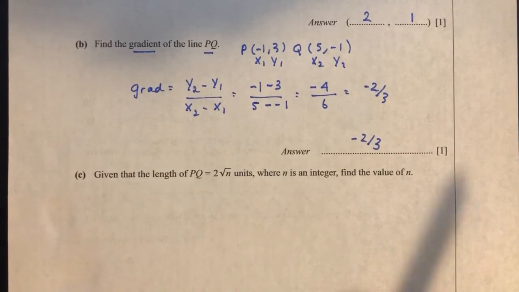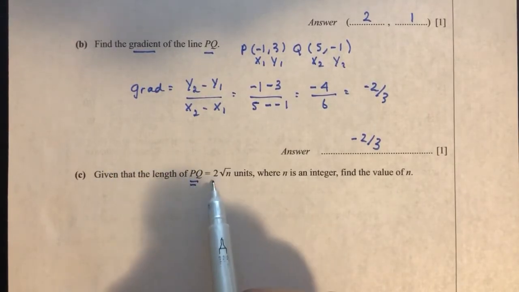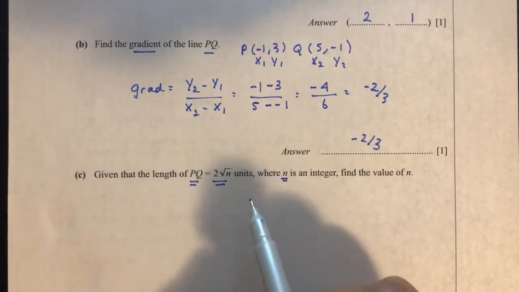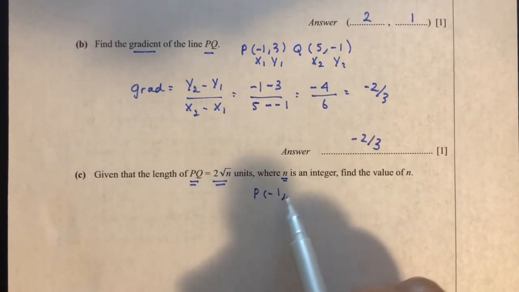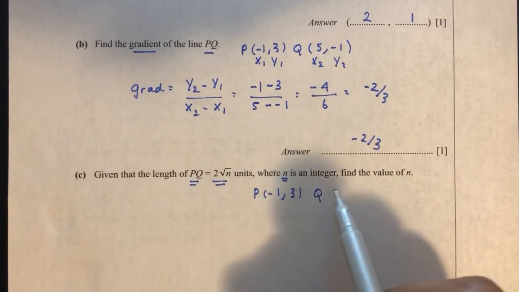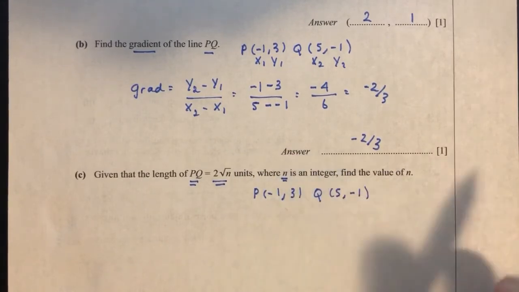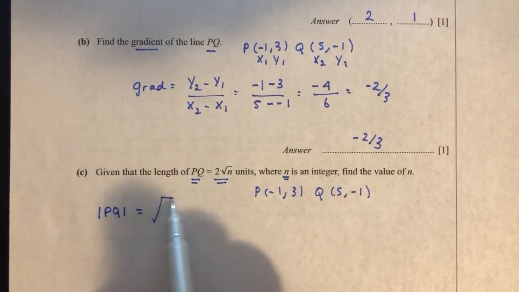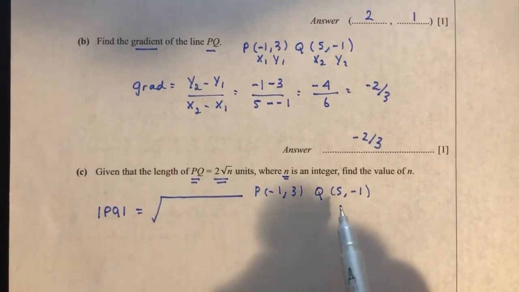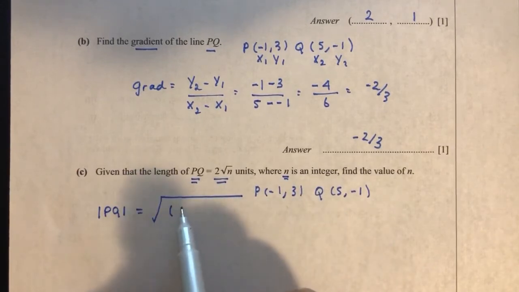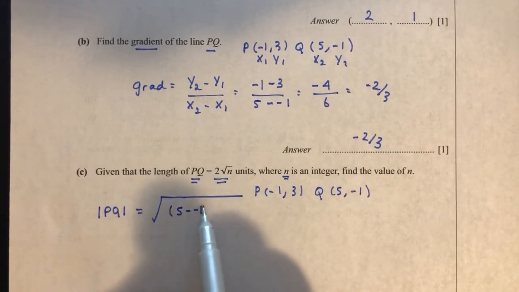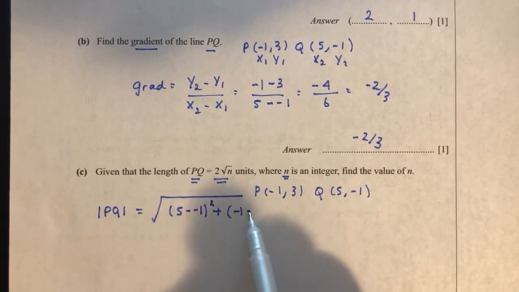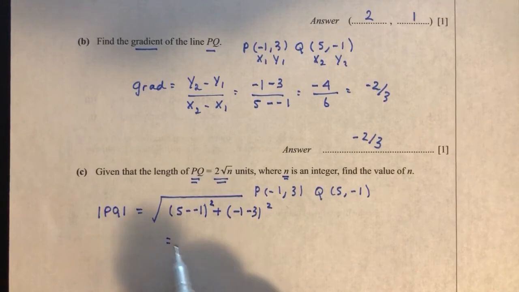Now, given the length of PQ is 2 square root of n, find the value of n. The point P again is minus 1, 3. Q will be 5, minus 1. To find the length of PQ, we have to use a formula again, which is 5 minus minus 1 squared plus minus 1 minus 3 squared.